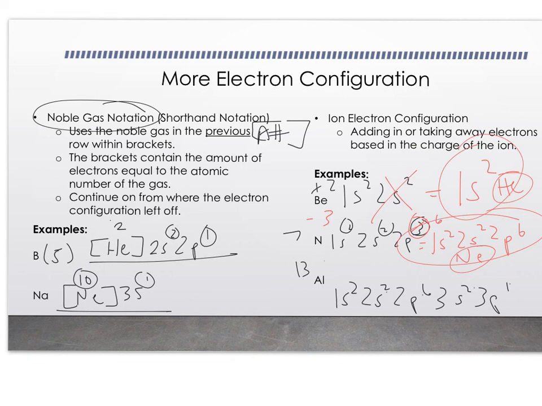But aluminum forms a +3 charge, so it's going to lose 3 electrons in the outermost ring. So in your row 3, or your third energy level, I have 3 electrons that are going to be lost. So the ion configuration for aluminum would be 1s2, 2s2, 2p6, because it's also going to mimic the noble gas neon.